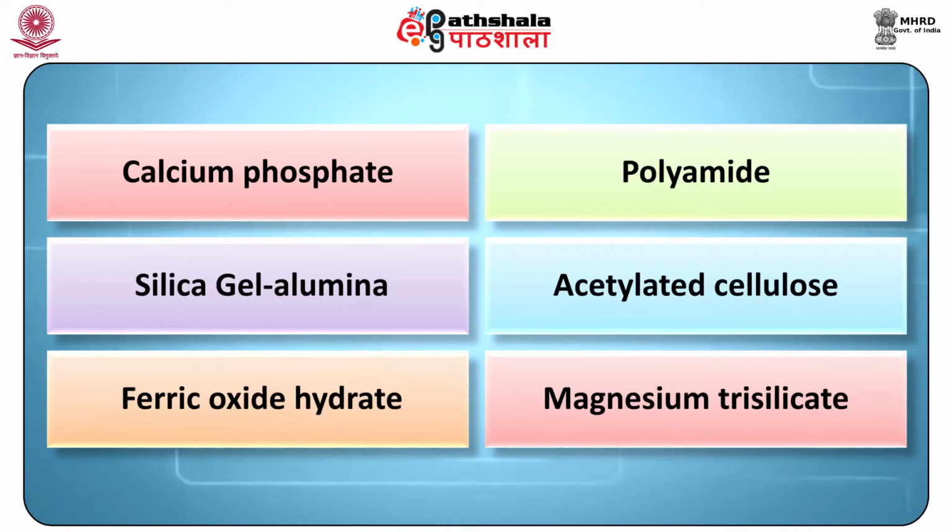The selection of the stationary phase depends on the nature of the sample to be analyzed. Other stationary phases include calcium phosphate, polyamide, acetylated cellulose, ferric oxide hydrate and magnesium trisilicate.